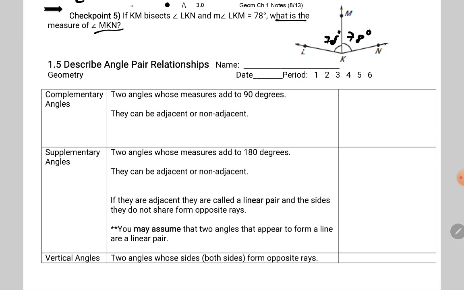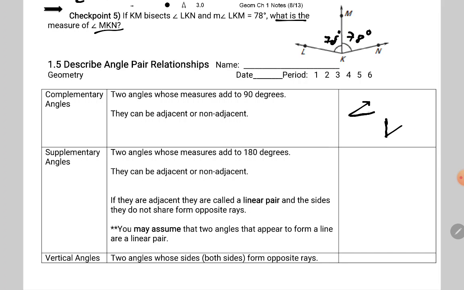So complementary angles. Complementary angles are two angles that add up to 90 degrees.